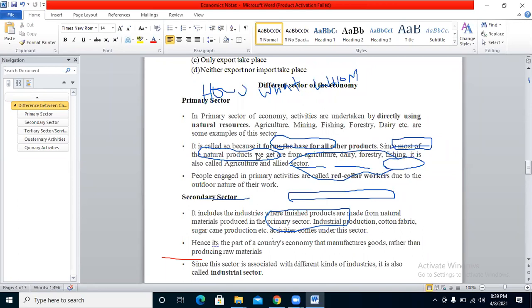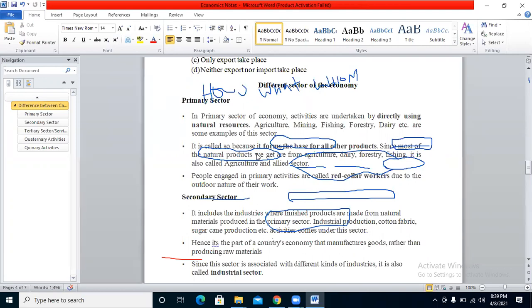Initially, India was dependent on agriculture after independence, but right now the phenomenon is different. At the time of independence, 85% of people were directly dependent on primary activities like agriculture.